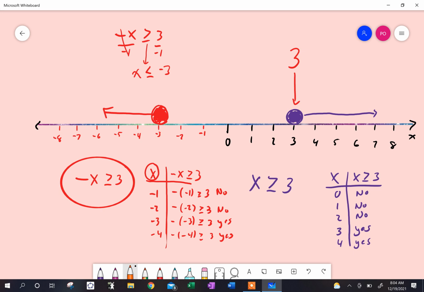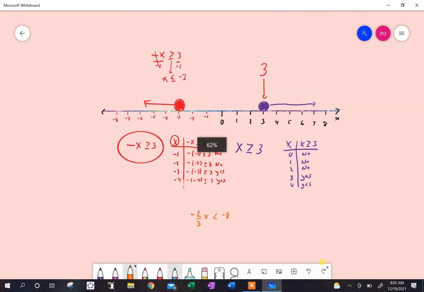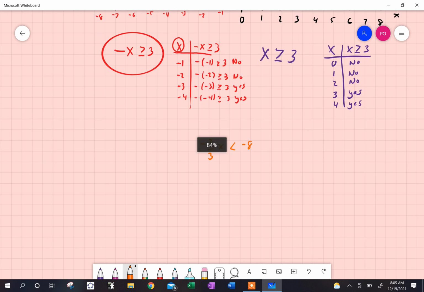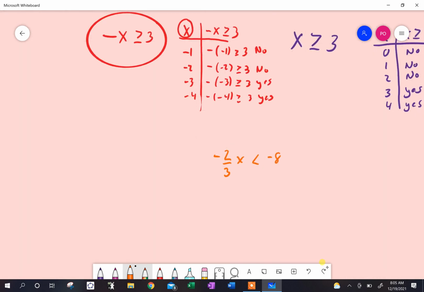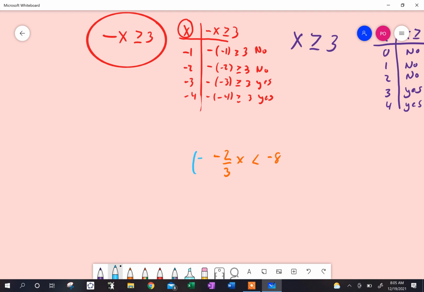I'm going to do one more example. If I had negative 2/3 x is less than, let's say, negative 8, I would multiply by a negative 3 over 2.